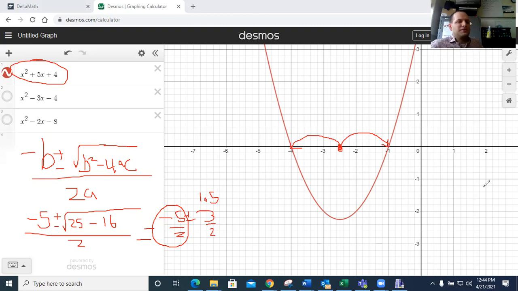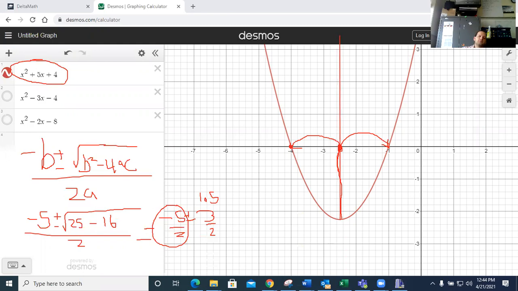Now, the interesting thing is, no matter what quadratic equation you use, right between those two x-intercepts is what we call the axis of symmetry. This line right here that comes up is called the axis of symmetry.